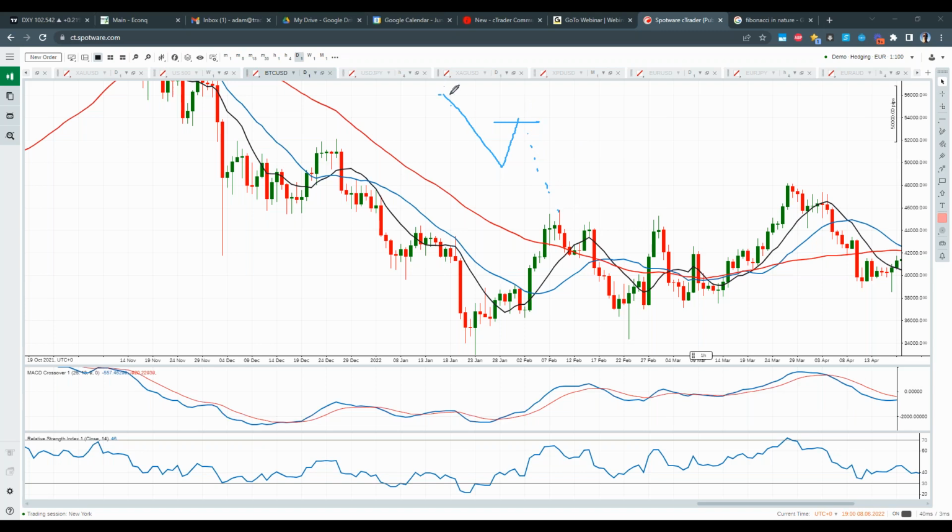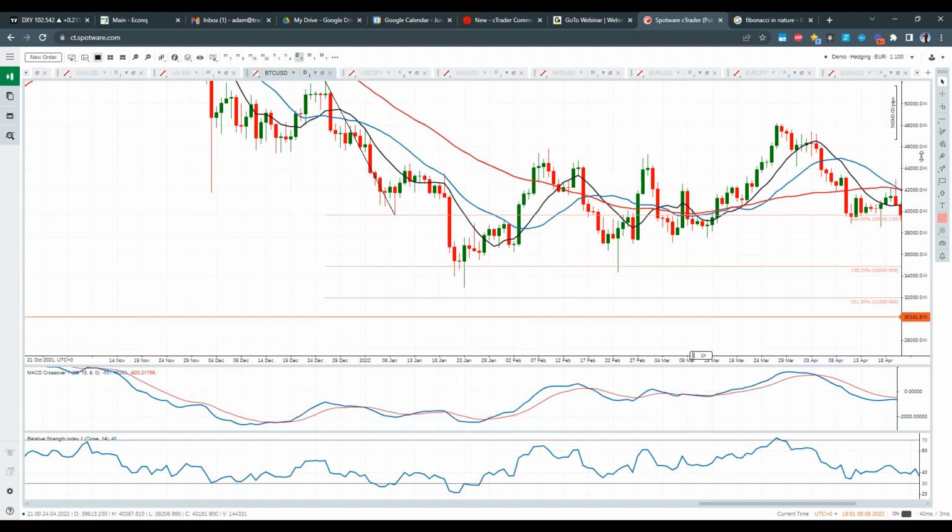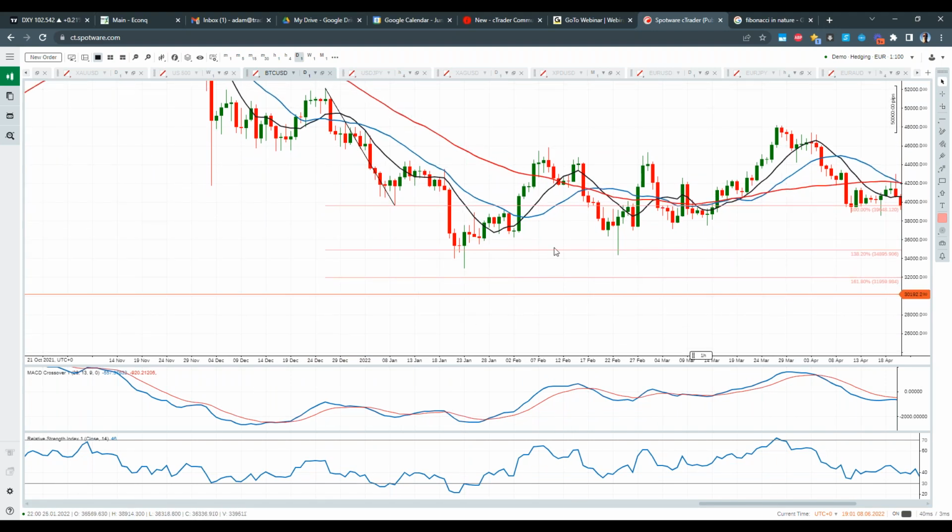So I'm going to measure from here to this low and back up to here. It's a 3-touch tool. Let's have a look at that. One example might be to measure from here to this point and then back to this point. And you'll see how nicely it identifies these potential support areas.